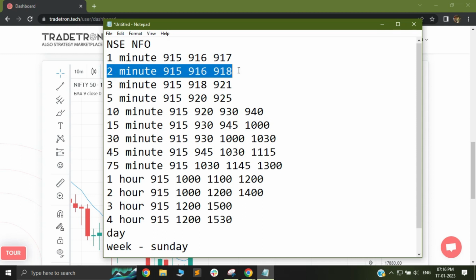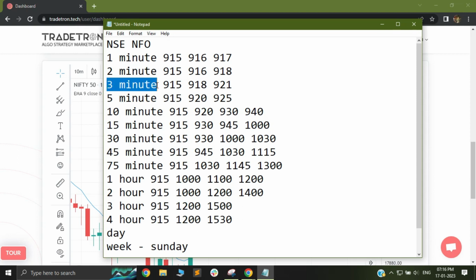Your chart providers generally use 2 minutes as 9:15 to 9:17, 17 to 19, 19 to 21, and so on. So this is one reason why the timings are different, and thus your candles will not match, and because your candles are not matching, it is natural that your indicators that are being calculated based on these candles will also not match.